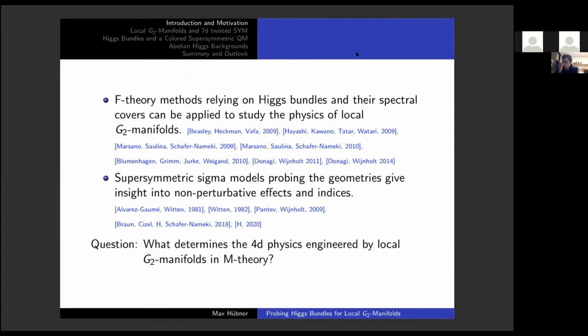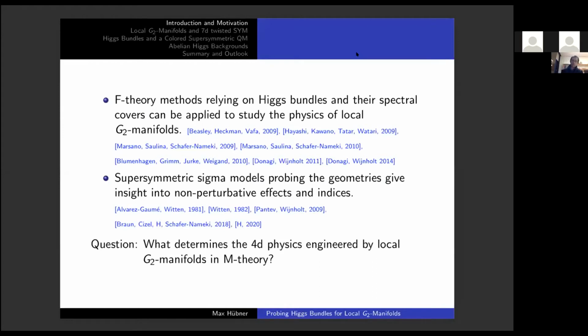In this talk, we will circumvent most of the mathematical difficulties by working with a Higgs bundle description of the geometry. Higgs bundles, their spectral covers and tools to analyze these were first introduced in F theory, where they helped to make the geometric engineering dictionary precise and guide the constructions of compact geometries with favorable properties.